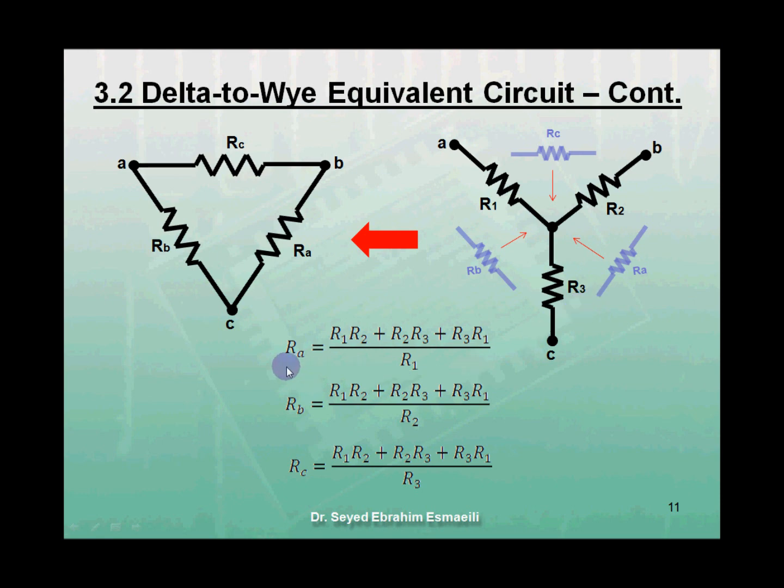That is, RA equals R1 times R2 plus R2 times R3 plus R3 times R1 over R1. RB equals R1 times R2 plus R2 times R3 plus R3 times R1 over R2. And RC equals R1 times R2 plus R2 times R3 plus R3 times R1 over R3.